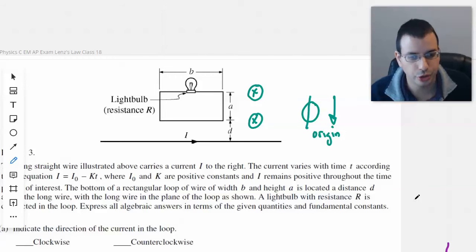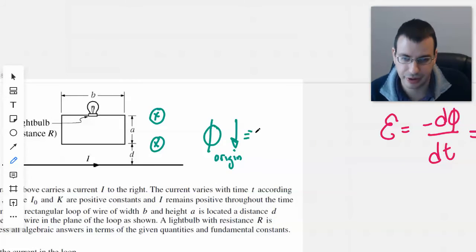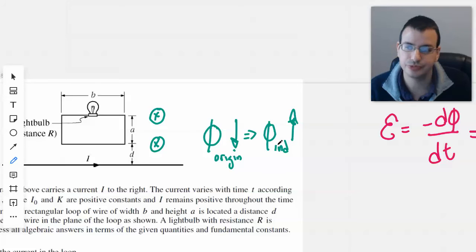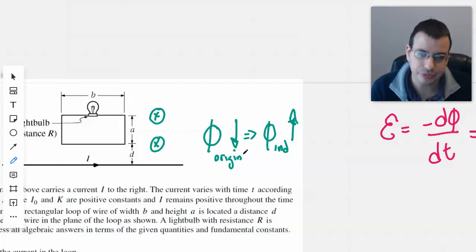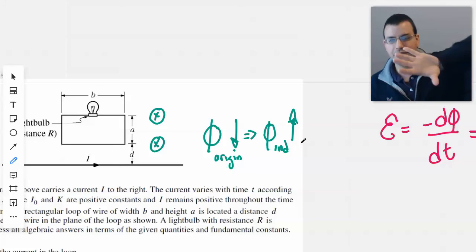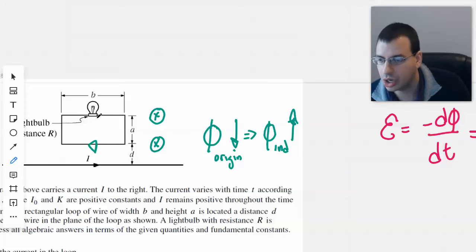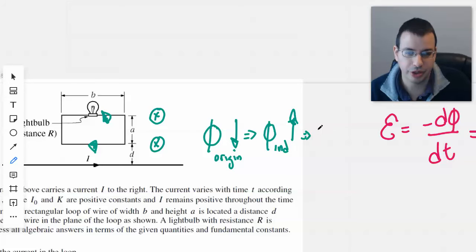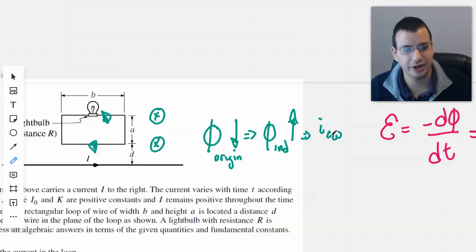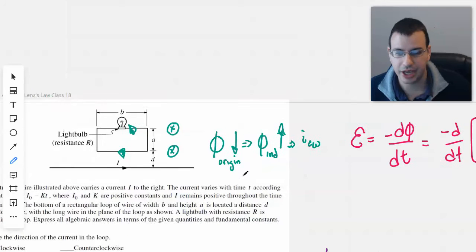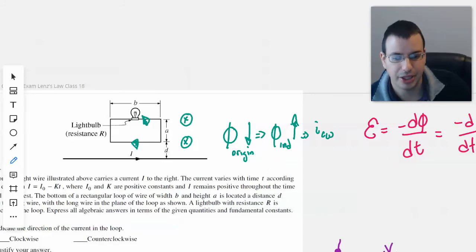So this will cause an induced EMF, which will be rising into the board, so you have to have a current going clockwise. That current will create a magnetic field going into the board that will counter the drop in the magnetic flux.